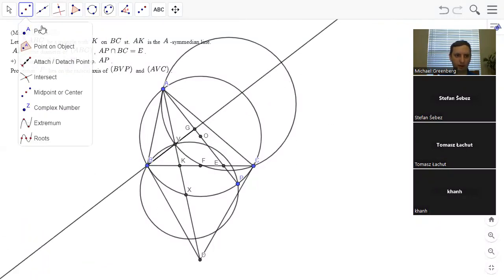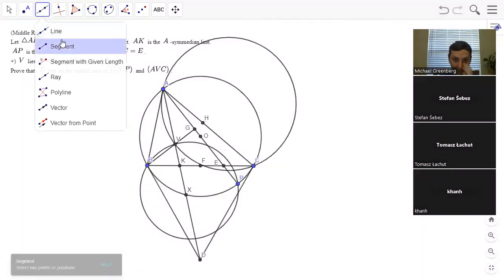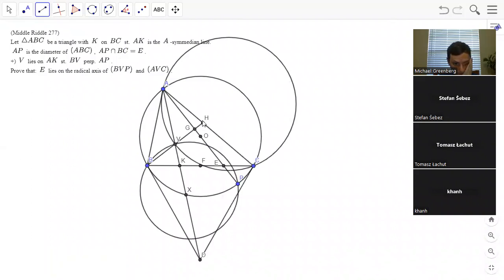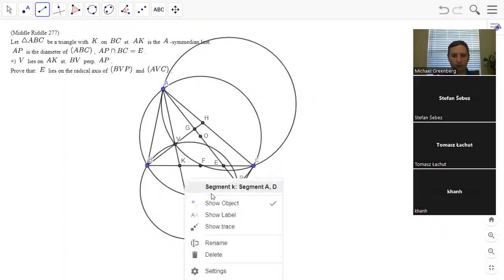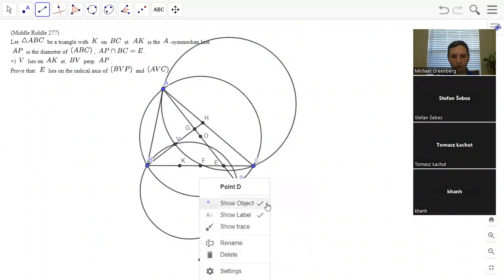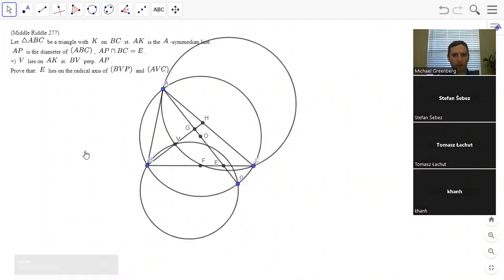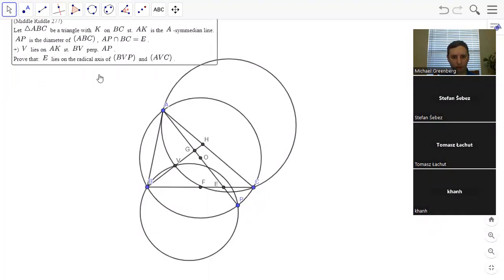It is very easy to prove that V is the midpoint of BH. Okay, so then we can hide all this other stuff for now. So we draw the perpendicular from B to AO, and V is the midpoint.